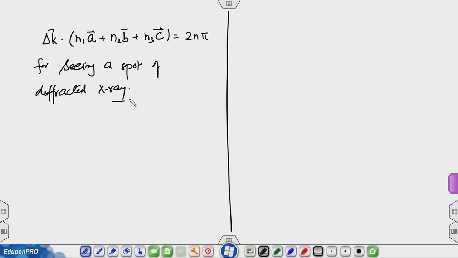Now, this is done in 3D, but if you compare with what I did right at the beginning of the lecture, it is nothing but the diffraction condition. You are making sure that there is constructive interference.